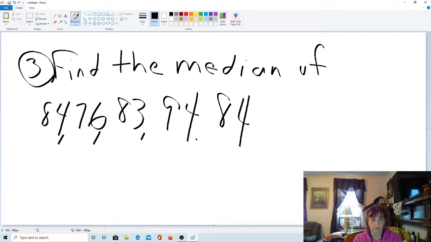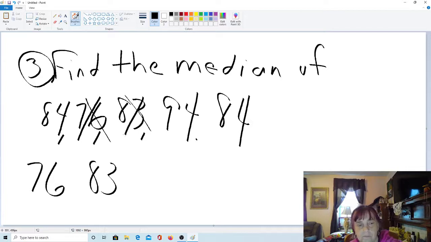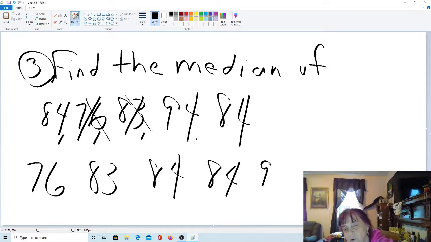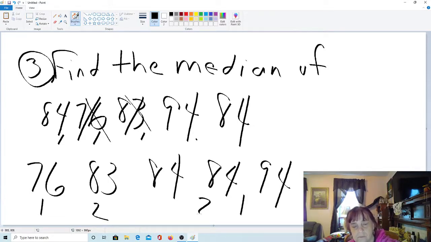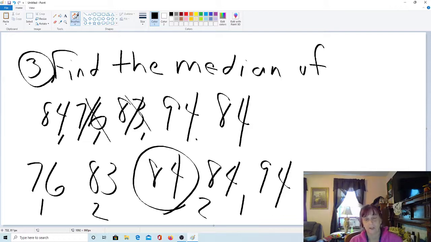What's our middle number? You have to put them in numerical order. What's the smallest number? 76. And then you have 83, 84, 84, 94. So your middle number, the median, is 84 for that set of data.